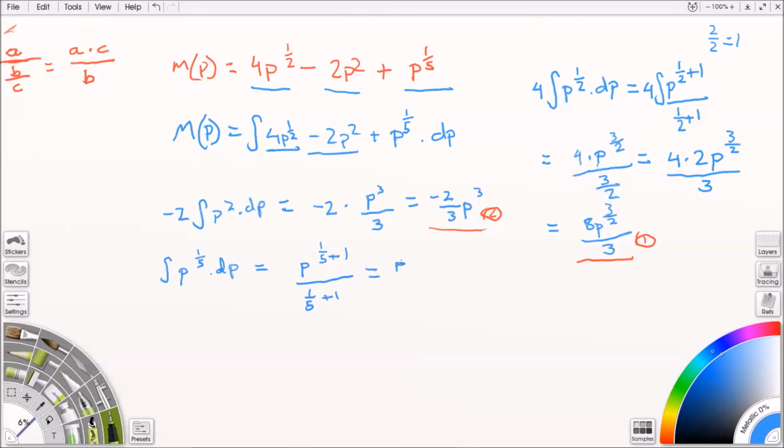We get P to the 6 on 5 over 6 on 5. And then rearranging this, we can say this is equal to just bringing 5 on top, 5 P to the 6 on 5 all over 6. That there is our third term.